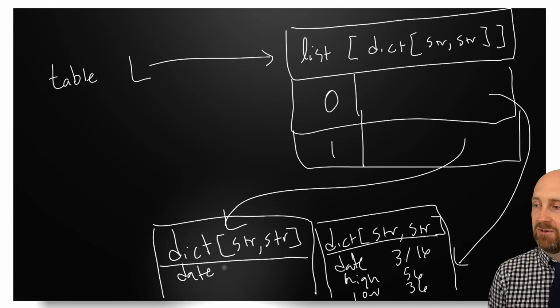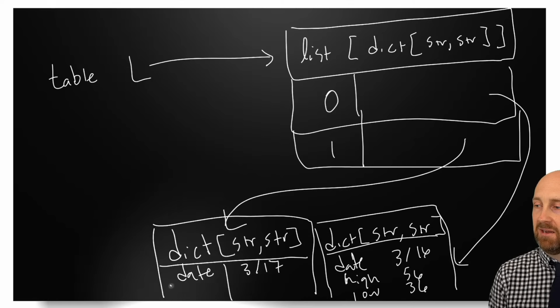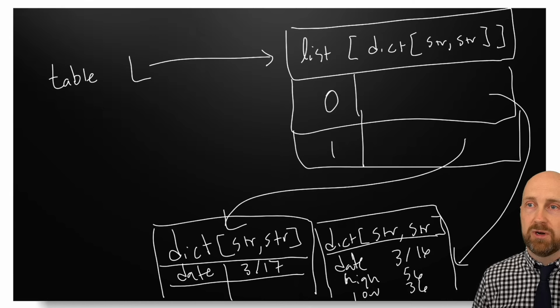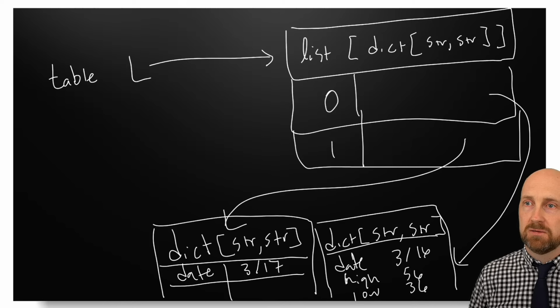It's only within a single dictionary that this would be a problem. So this was like the 17th, and this is a really ugly diagram. But you can imagine once we add that third row, there's a third dictionary. Each time we read a new row, we're getting a new dictionary. And it just so happens that all of these rows have the same keys, but they're distinct dictionaries from one another. Great question.